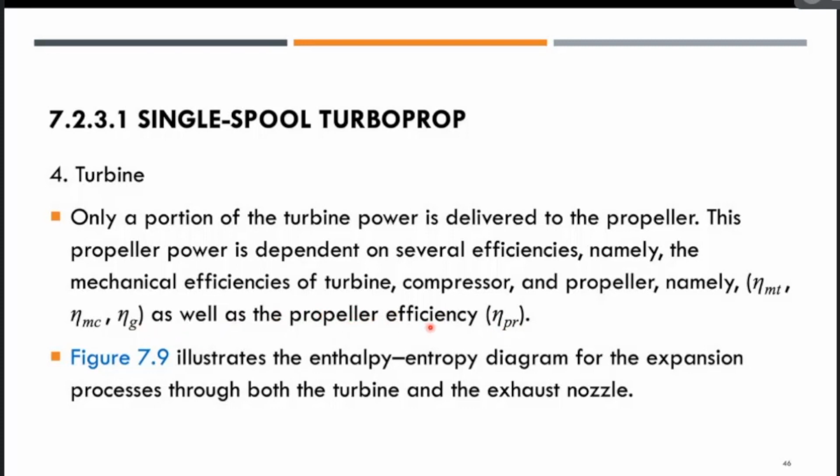And figure 7.9 illustrates the enthalpy-entropy diagram for the expansion processes through both the turbine and the exhaust nozzle.